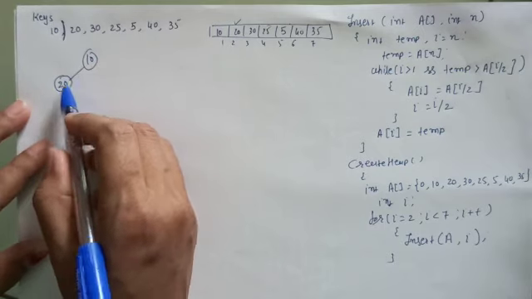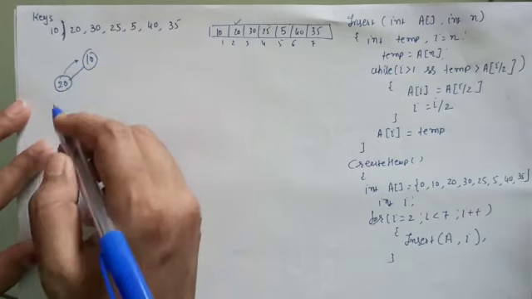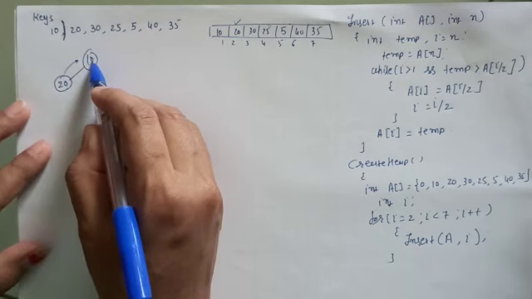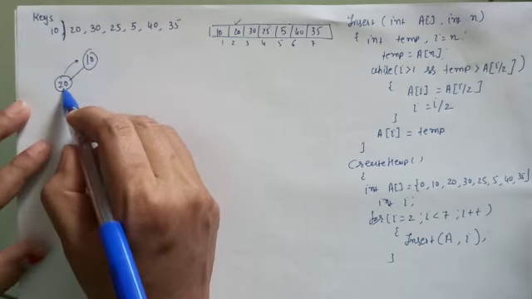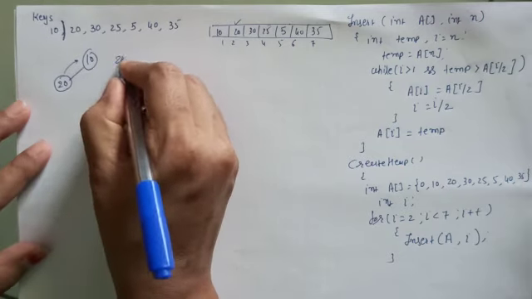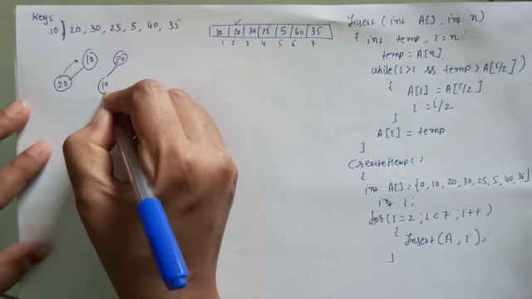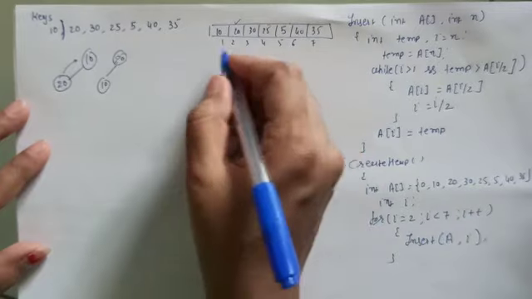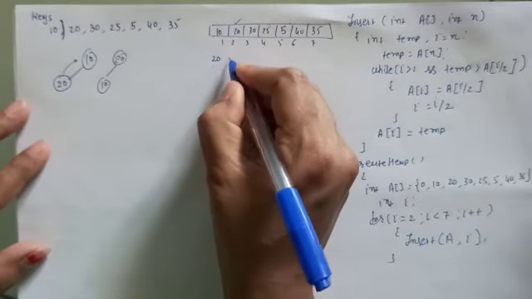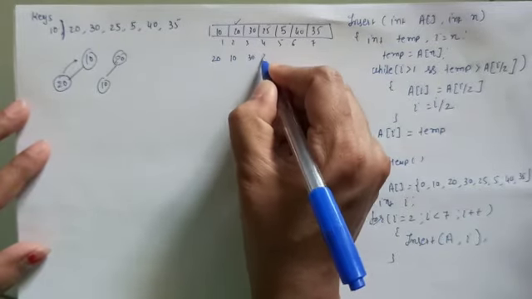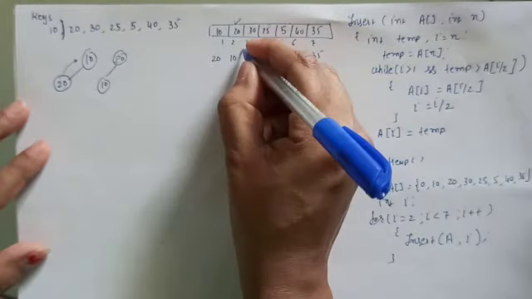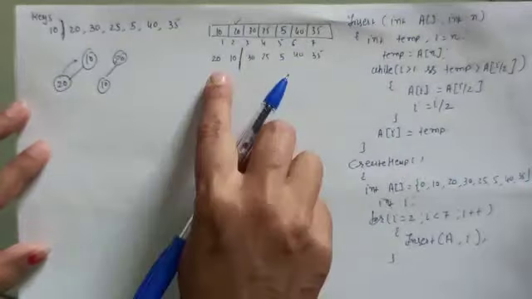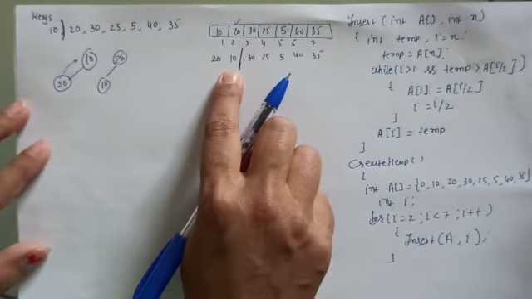Now 20 is compared with its ancestor, and as we are discussing max heap, this 10 is smaller than 20, so 20 comes up and 10 goes down. Correspondingly in the array also this would be changed and all other elements remain as they are. So up to this node our binary heap tree is completed.